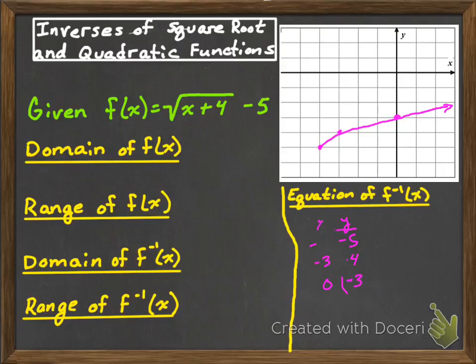Now, if I want to figure out the domain, your domain is from left to right, so your domain is going to be bracket -4 to infinity, and your range is from bottom to top, which would be from -5 to infinity.